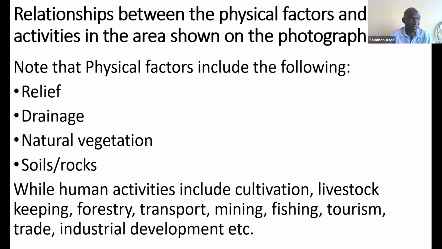In a photograph you can see that, but there are times when fertility is interpreted from the nature of the vegetation and the crops being grown. So soils, natural vegetation, drainage, and relief are naturally occurring factors which may influence land use.